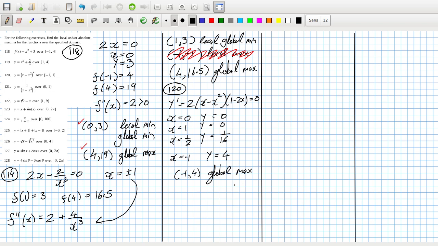And the global min also looks like 0. Well, it has to be 0. So you've got two possibilities, but I'll just go with 0, 0 and 1, 0. That's global min. The 1, 0 also being a local min as well.